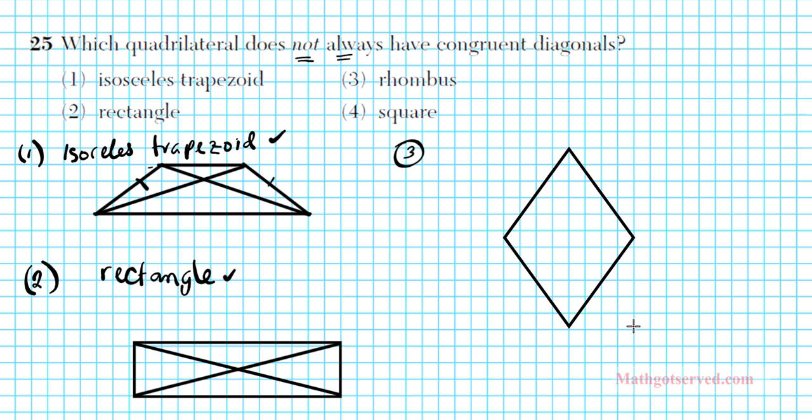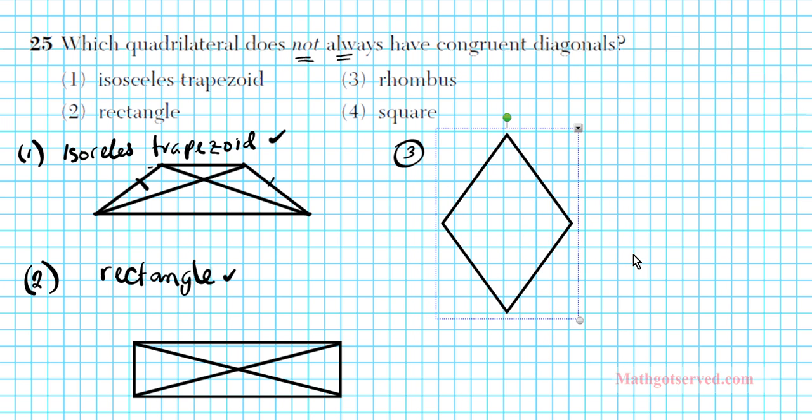Okay? So in the case of a rhombus, the diagonals are not always congruent. It's only when the rhombus is a square. That's the only time that the diagonals will be congruent. So you can see that this segment right here is not congruent to that segment right there. Okay, so let's go ahead and write some statements real quick. In this case, let's call this A, B, C, D. So in this case, AC is not equal to BD.